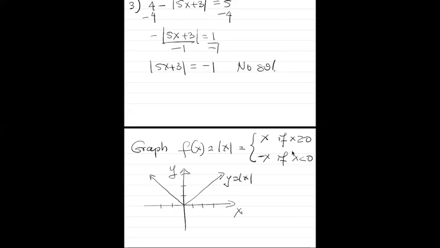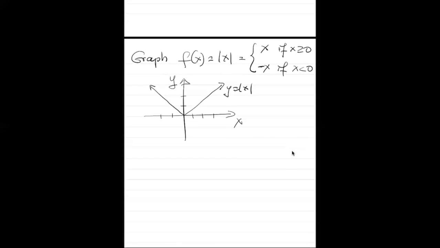You can make a table and take your time. Make sure you get this graph. This is a very sharp corner here, so it's not like the graph of the parabola. Sometimes we call this the V function. Now that we know transformations, we can try to graph or sketch f of x equals absolute value of x minus 3.